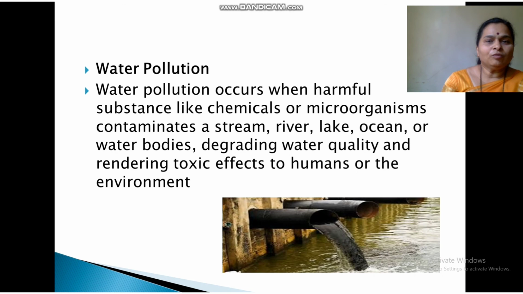Water pollution occurs when harmful substances like chemicals or microorganisms contaminate a stream, river, lake, ocean or other water bodies, degrading water quality and rendering toxic effects to humans or the environment. It is known as water pollution. That means addition of harmful substances in water.